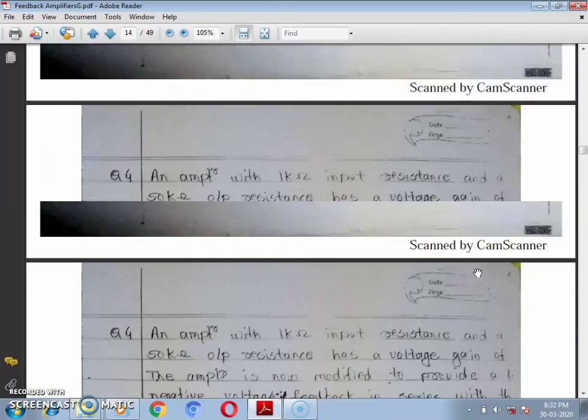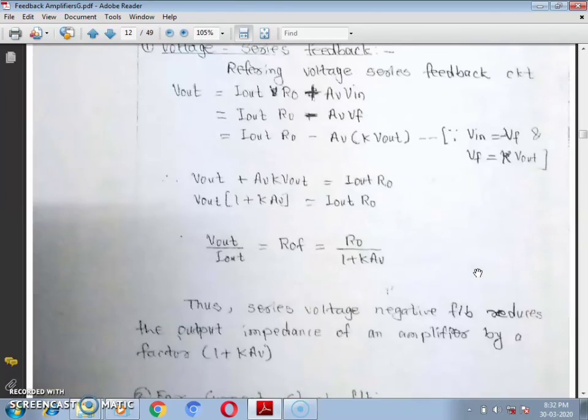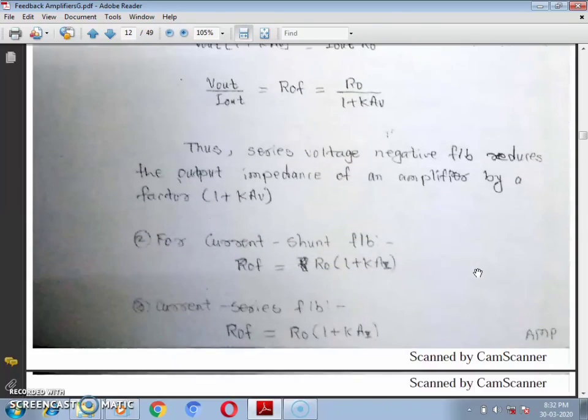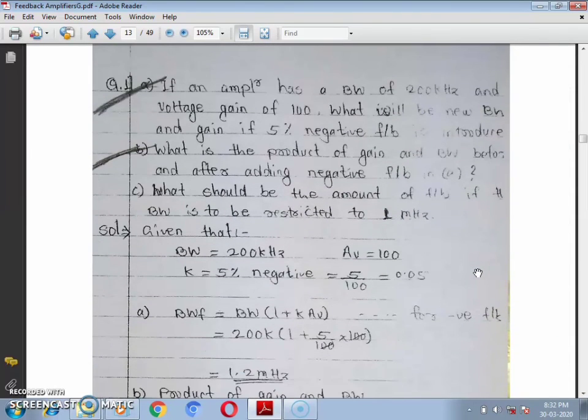Based on the analysis we have carried out so far, we have seen that with negative feedback, the gain of the system is reduced, whereas we have a number of advantages.